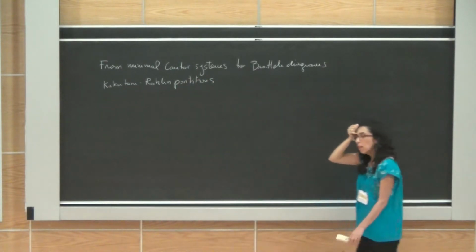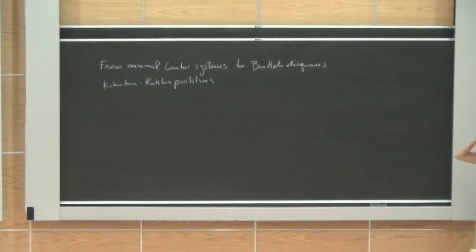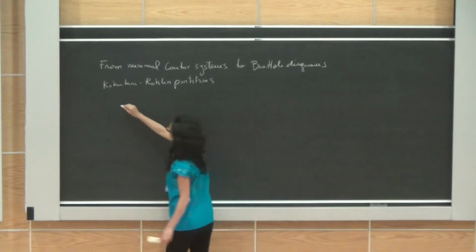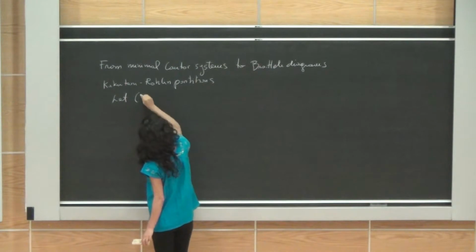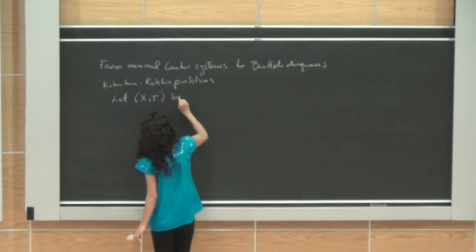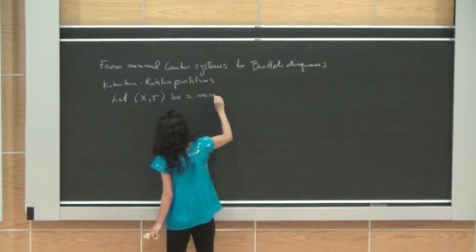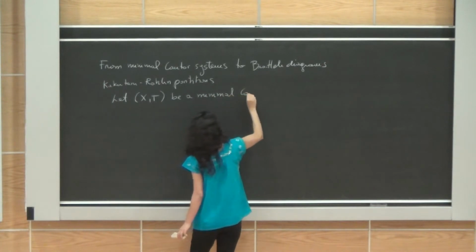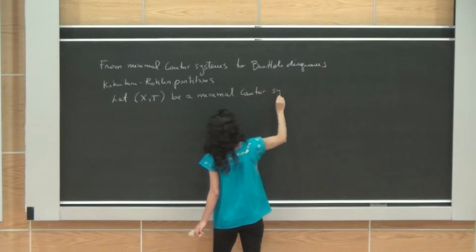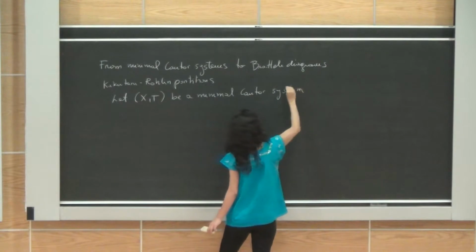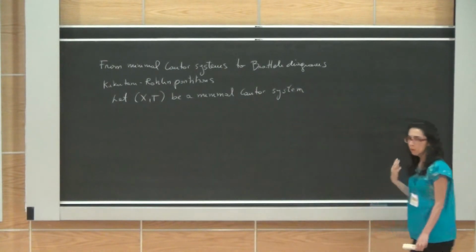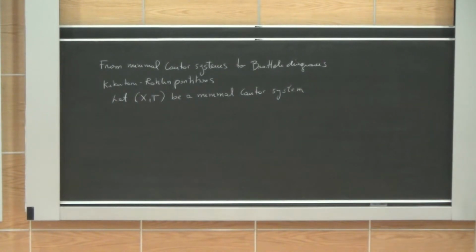Okay, so suppose that we have a minimal Cantor system, and suppose that you fix a non-empty clopen set C.